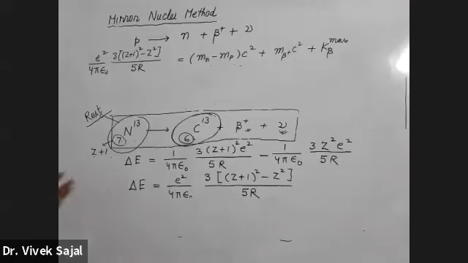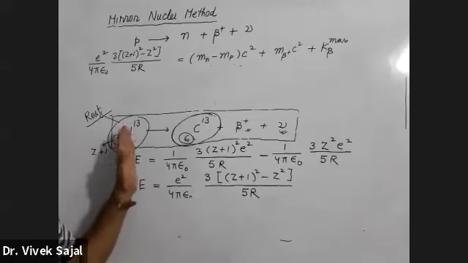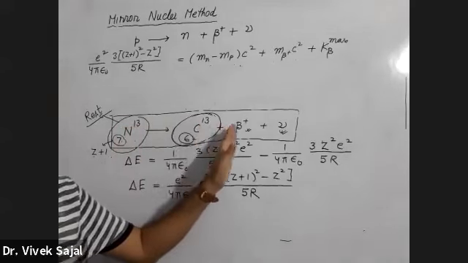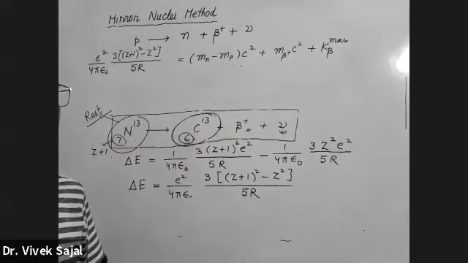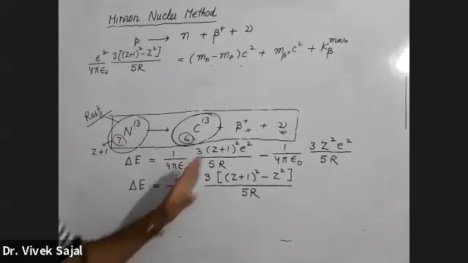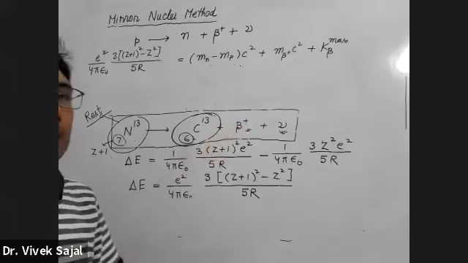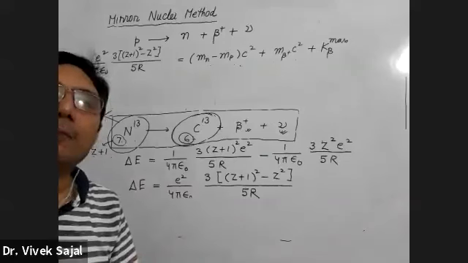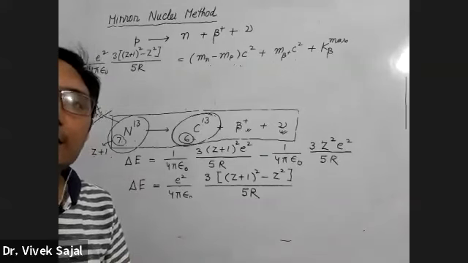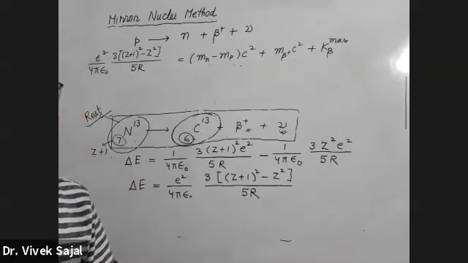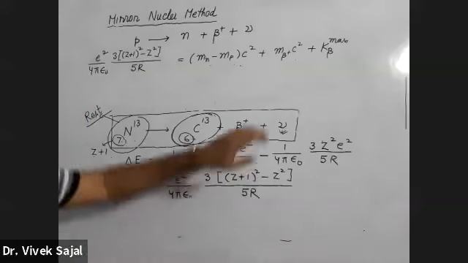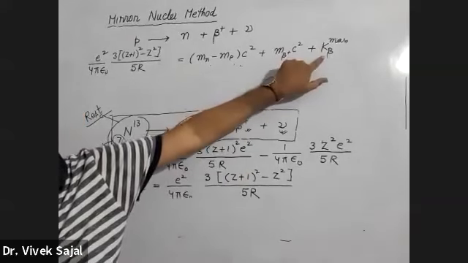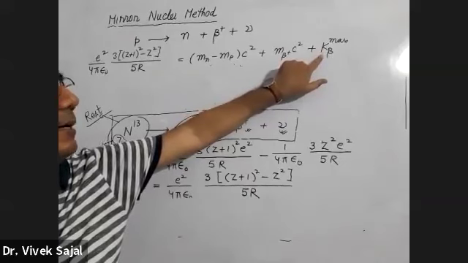So if you have a combination of mirror nuclei in which one is decaying into another by emitting a beta plus or beta minus particle, then in this beta emission spectrum you can find the maximum kinetic energy carried by the beta particle. You substitute that maximum kinetic energy here.